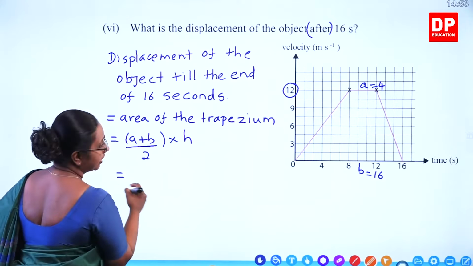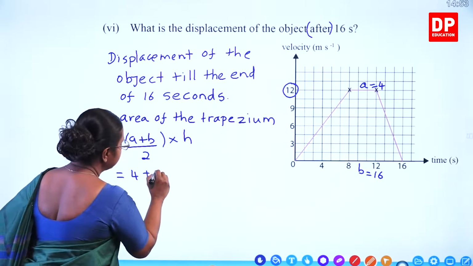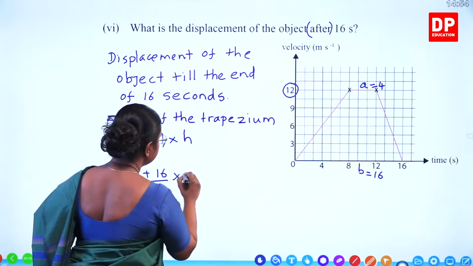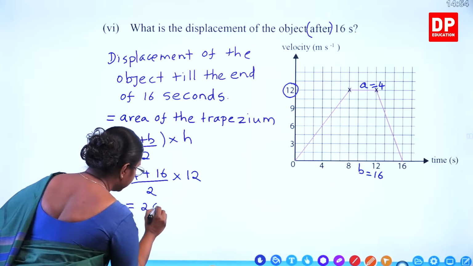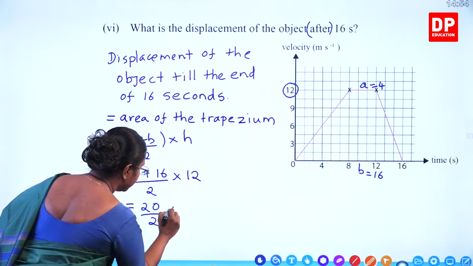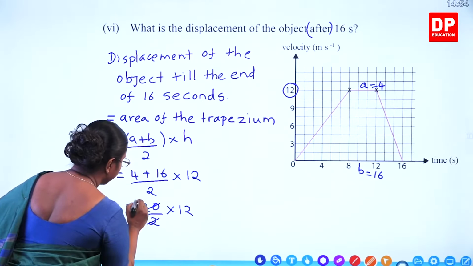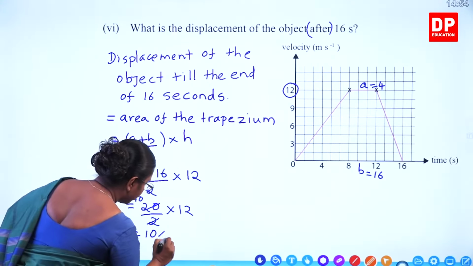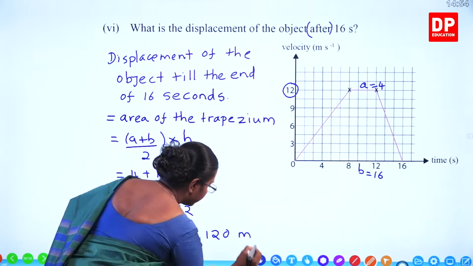So that is equal to, again, A is 4 and B 16 divided by 2 into height 12. That will be equal to 20 divided by 2 into 12. When you simplify 20 and 2, you can simplify it as 10. That will be equal to 10 into 12 equal to 120 meters.